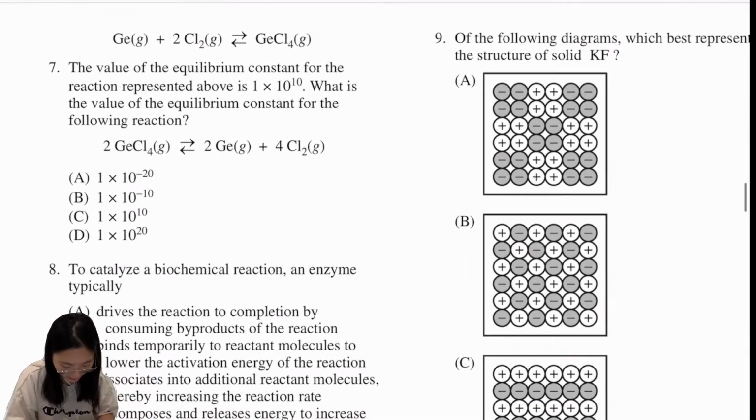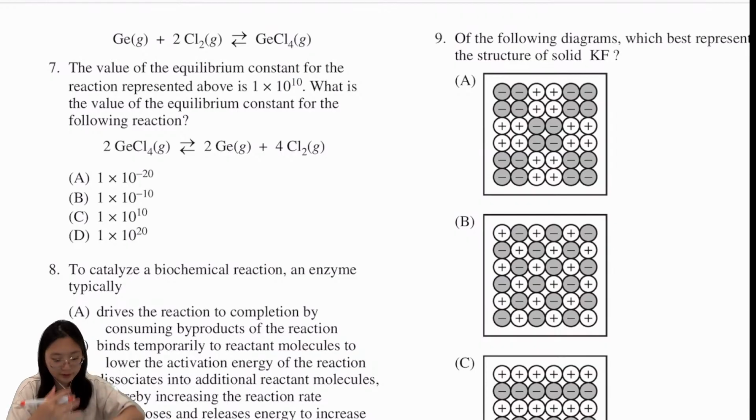Next, gallium reacts with two chlorine gas to form gallium tetrachloride. The value of the equilibrium constant for the reaction represented above is 1 × 10 to the power of 10. What is the value of the equilibrium constant for the following reaction? You are actually reversing it, and when you reverse it, the products and reactants are also reversed.